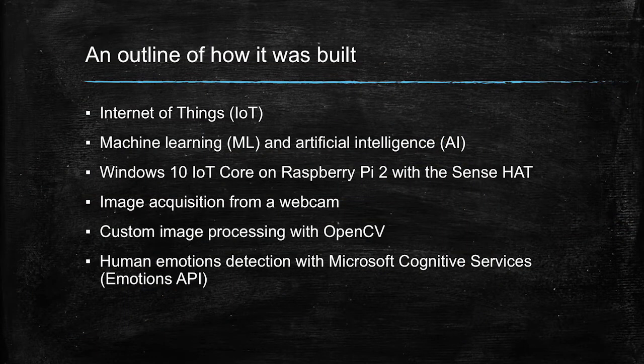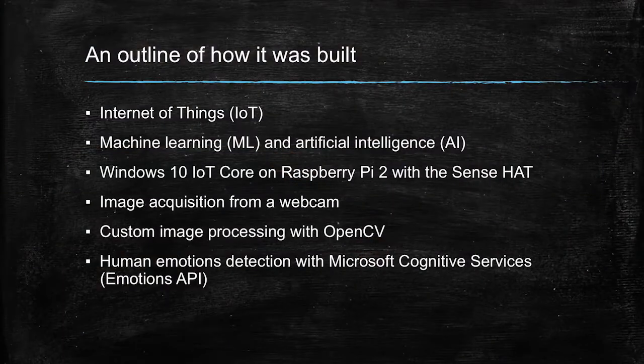So basically, when you develop such apps, in this case, I used the following tools. Firstly, I use the Internet of Things. So my thing is this small device, and the Internet here was used to process the face image to detect human emotions.